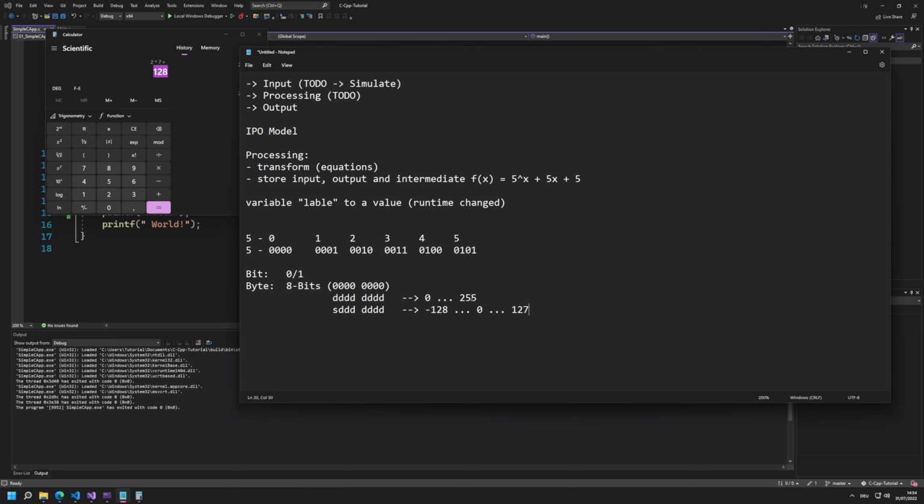How can you support larger numbers? Well, we can actually combine bytes. If we take a byte and another byte, we get 2 bytes, and then our values are going to be way more extreme. Because if I now do 2 to the power of, what do we have now? 2 bytes, so 8-bit plus 8-bit means 16-bit.